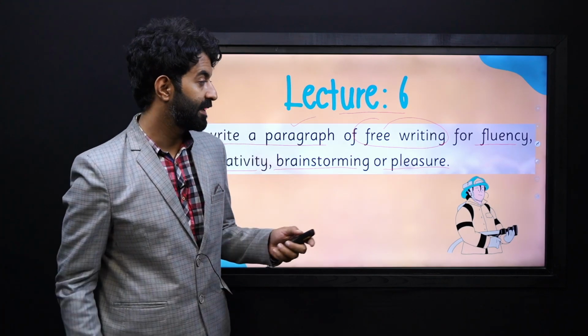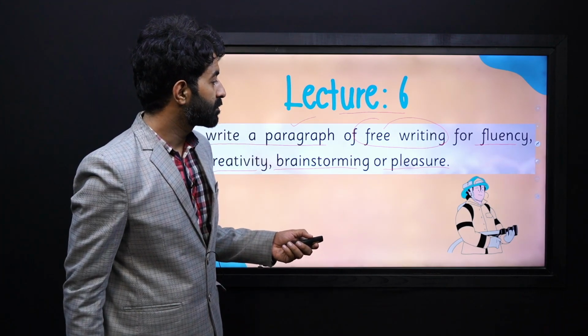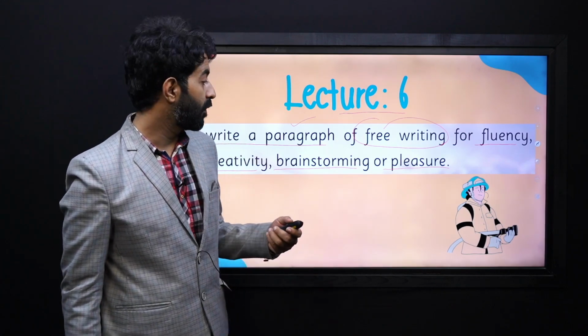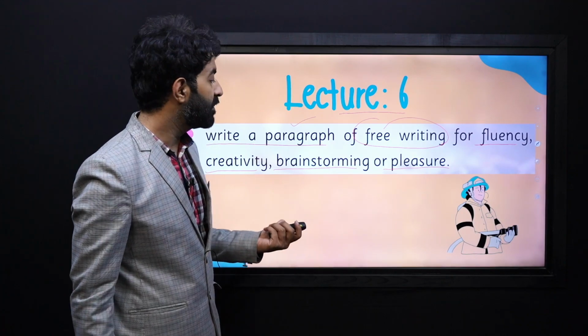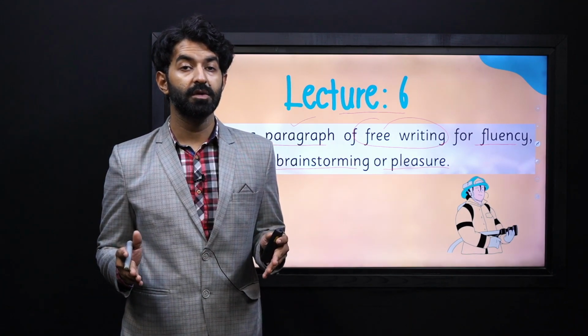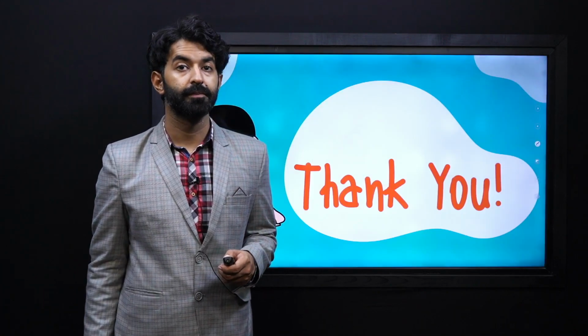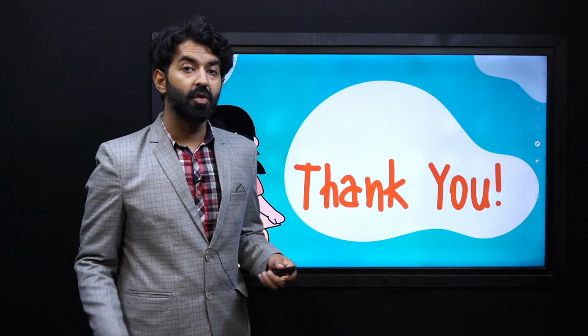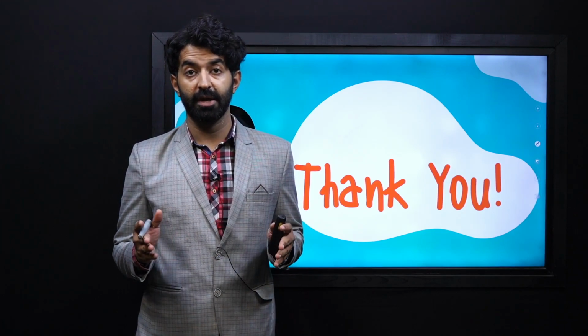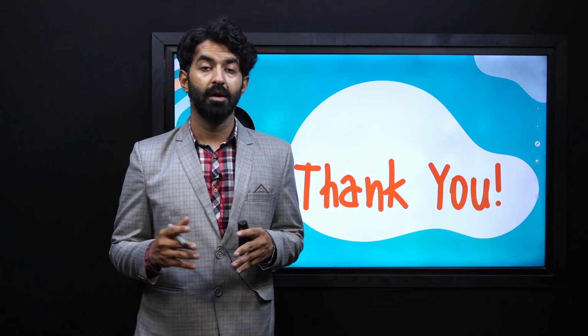As you can see, free writing is for fluency, for pleasure, and creativity and brainstorming. We will be looking at each one of these in the video. So that's all the SLOs in the video lessons that we will be covering further.